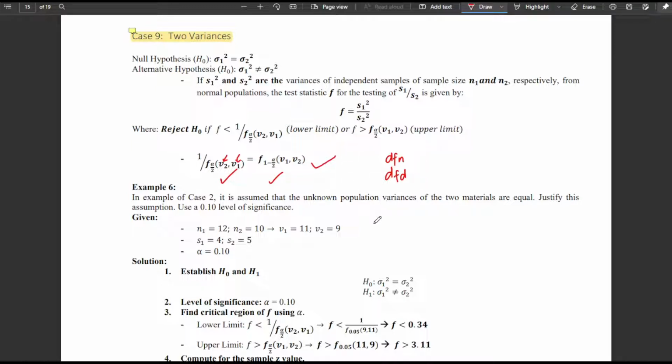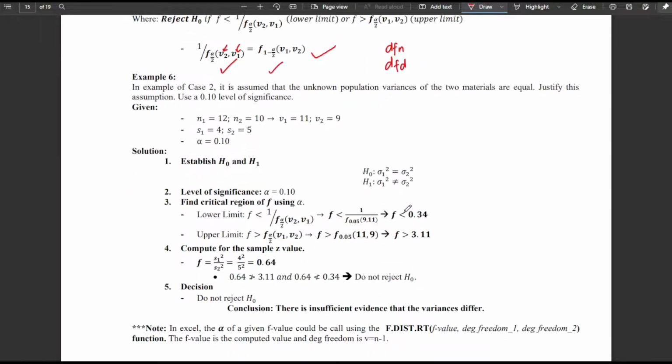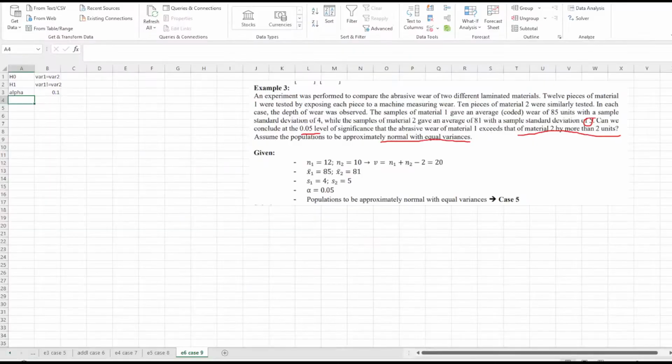But right now, since we're using Excel, this relationship is not as important as before, though I can probably show you that it still works in Excel. In Excel it's easier since there are functions for the right tail and for the left tail, so it's much easier to compute the critical values of the left side as well as the right side. Okay, so let's proceed to the problem.